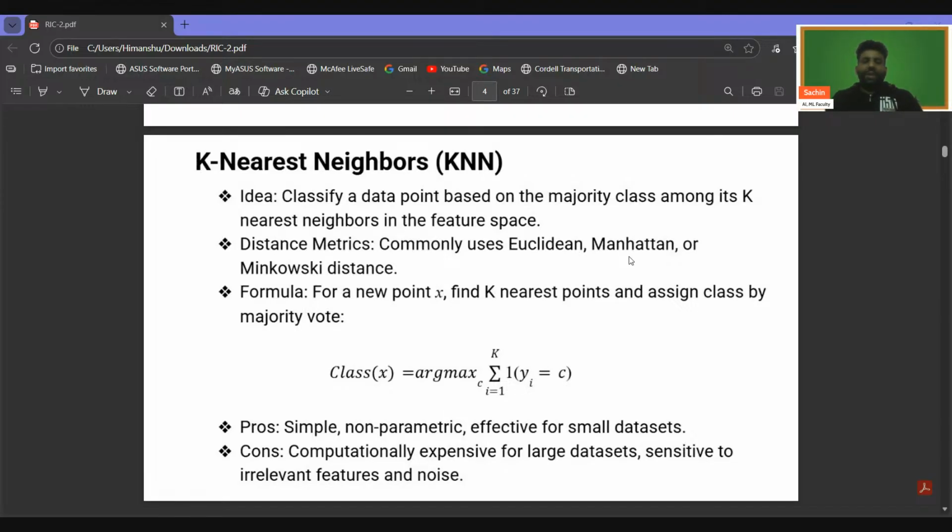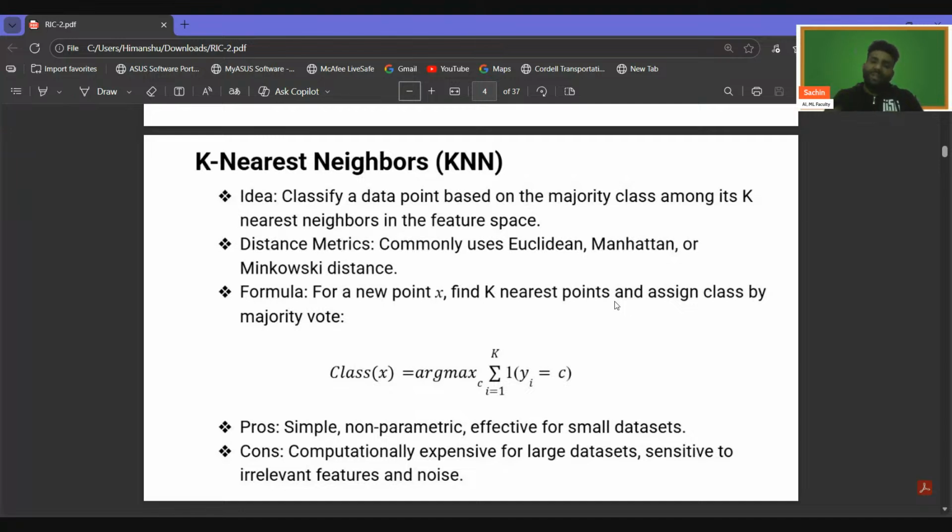Okay. Now, if I talk about what is the next algorithm we are having, a very simple thing is the K nearest neighbor would be basically looking at what are the nearest neighbors I'm having, and based on that, whichever would be having the majority, I would like to classify my data point as belonging to that particular class.